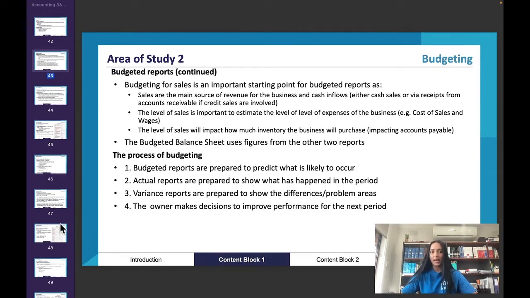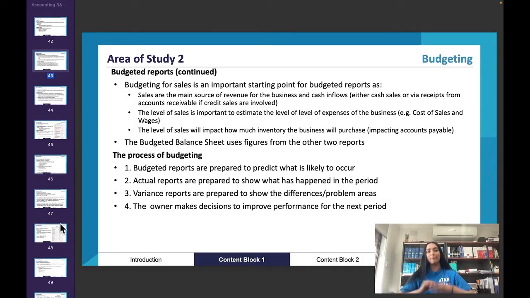Our budgeted sales are particularly important since sales are a business's main source of income. So, like I was saying before when I was talking about the order of the income statement, inventory is the most important asset that a business owns, its main source of income, and sales of inventory is the most important revenue that a business earns.